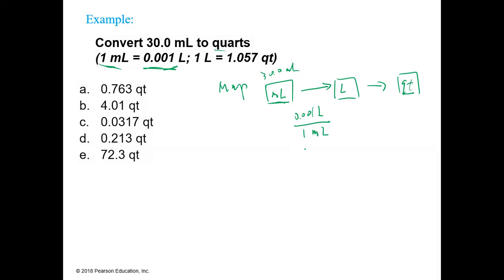Once we get that, we can cancel out the milliliter with the milliliter. Then we will get the liter. In this step, liter is from the previous step, therefore we'll put it in the denominator, and then we will put the quart, the parts, in the numerator.